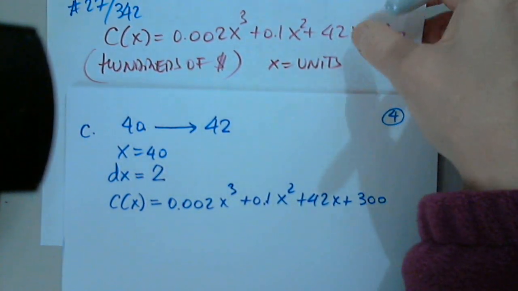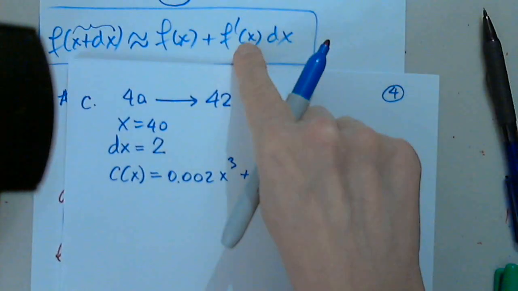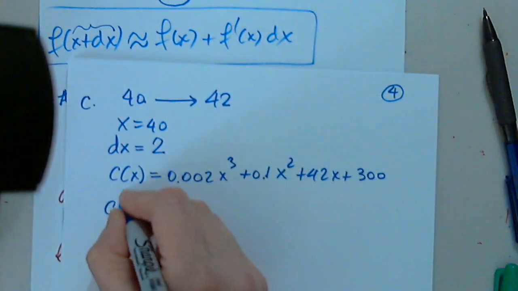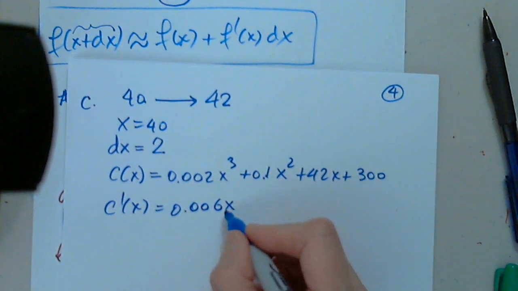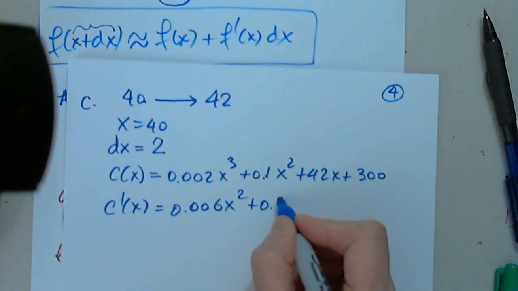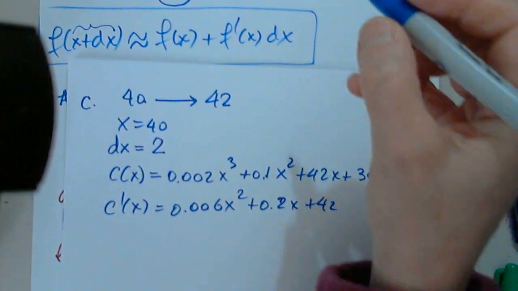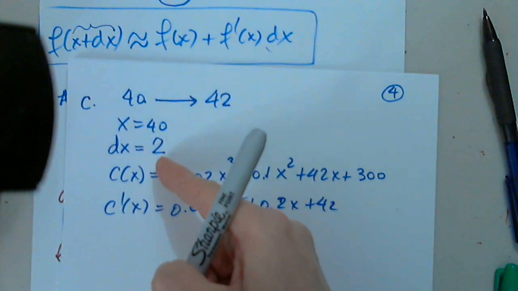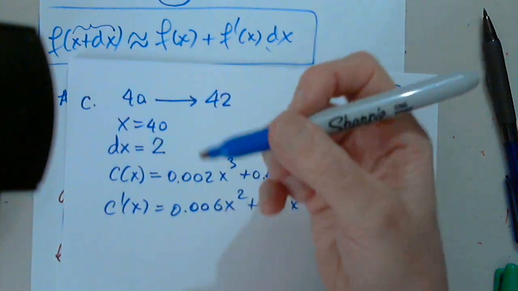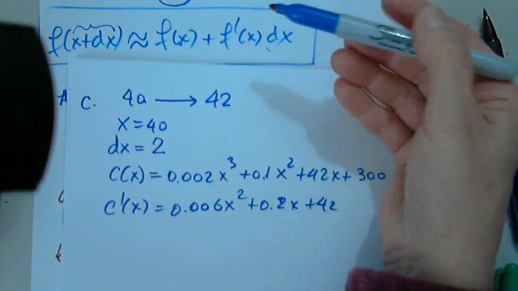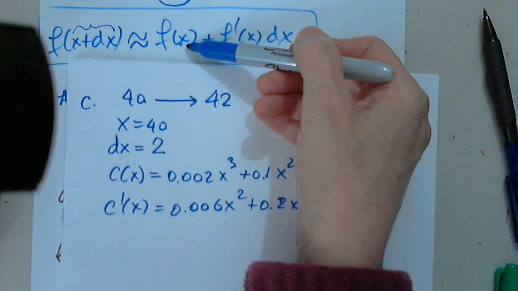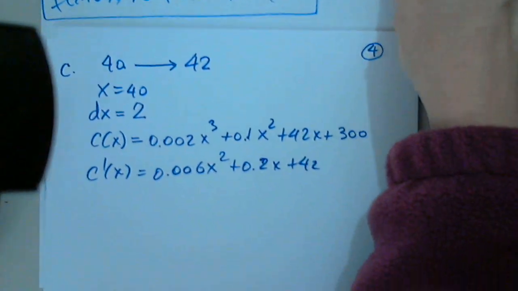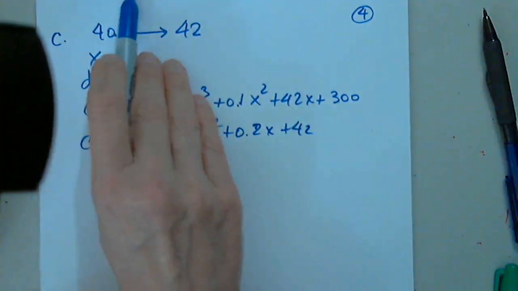We already have C prime. I can create it again. And we have dx. We have the function f, we have f prime, we have dx, which is 2, we have x, which is 40.